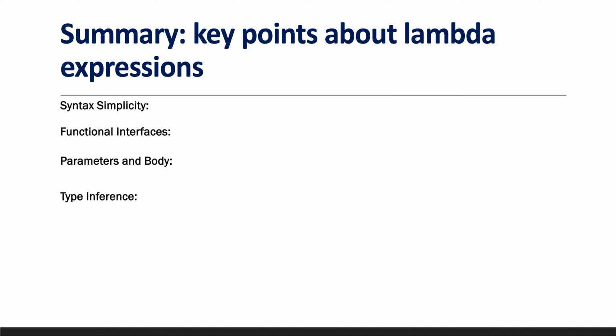The next key point is type inference. Java's type inference mechanism can often determine the type of the parameter, allowing you to skip declaring them. Basically, inside the parameters we do not need to provide the type of the variable. It is going to be determined automatically at runtime based on the definition provided inside the lambda expression. The next key point is return type.